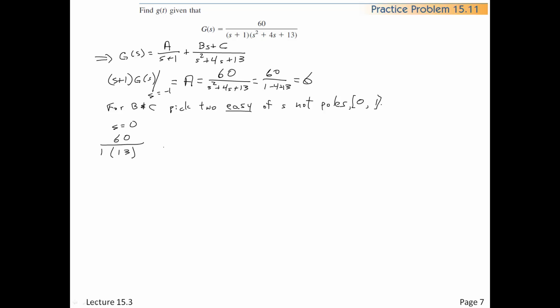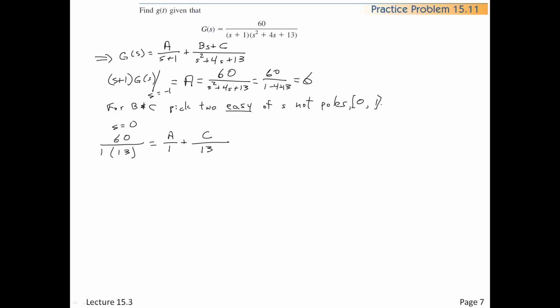So 60 divided by 13 is equal to what? A over 0 plus 1, so that's A over 1. Kind of getting the idea why we did that. Now if s is 0, Bs is 0, so this will be C over s squared 0, 4s 0, 13. Right?